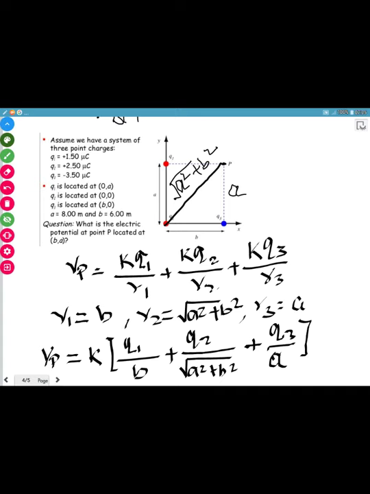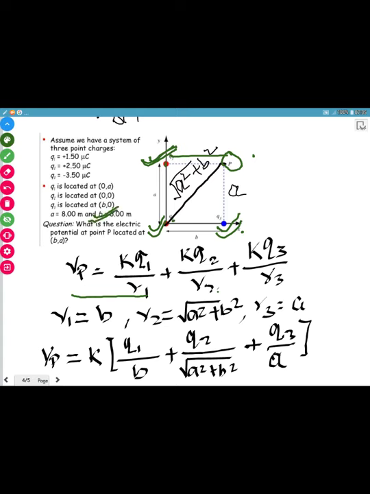We need to find the potential at P due to Q1, due to Q2 and due to Q3, and then algebraically add all these potentials to find the total potential at this point. Here are R1, R2, R3. The distance from Q1 to P is B, and the value of B is given in the question, 6 meter.